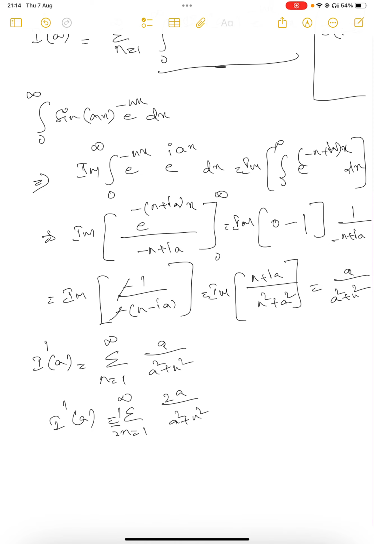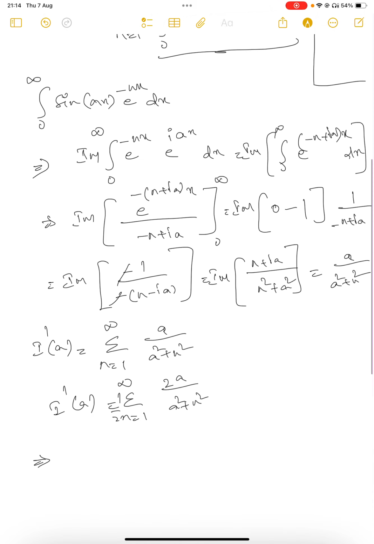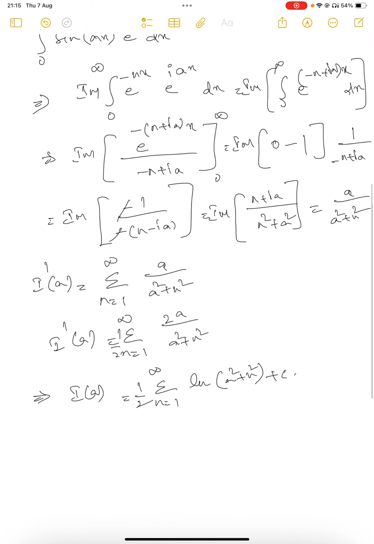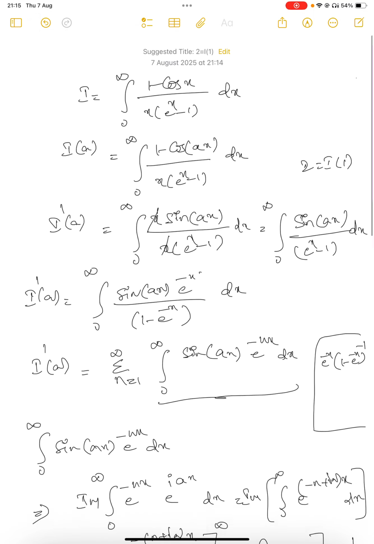That implies if you integrate with respect to a, then I of a is 1 by 2 summation n equal to 1 to infinity; this will be f dash of x by f of x, so it will be ln of (a square plus n square) plus c. Then we need to find the value of c.